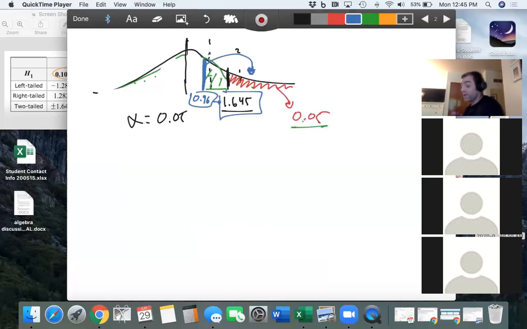Well, I know the proportion to the left of the 1.645. That's my significance level. Which number is it? The proportion to the right of 1.645 is this, the 0.05.